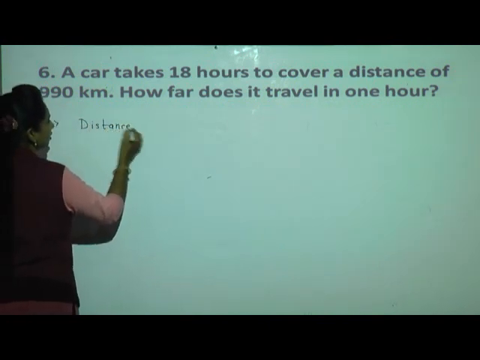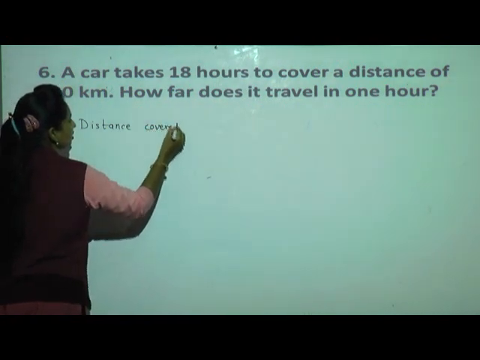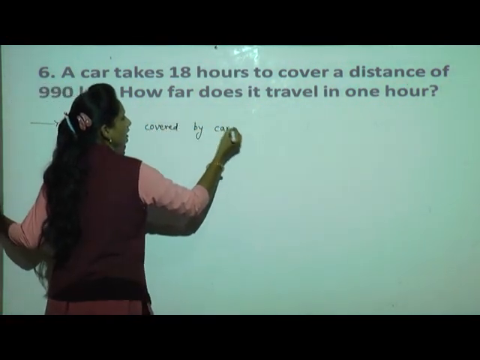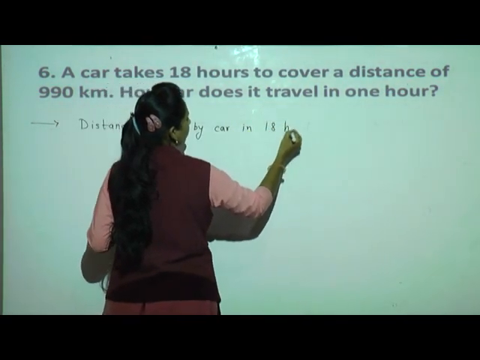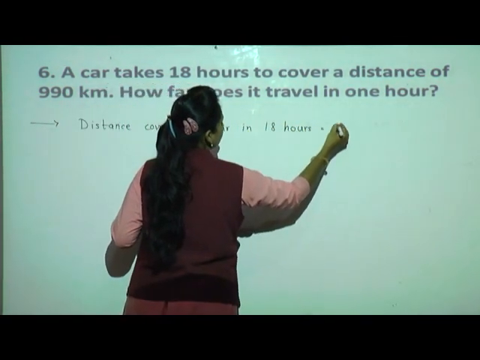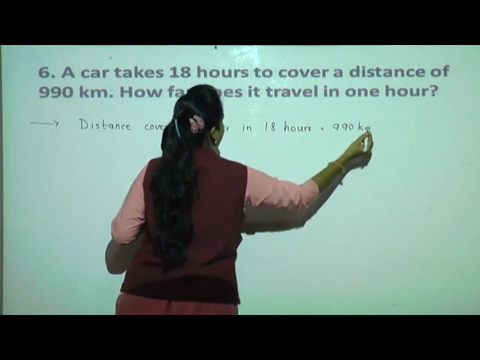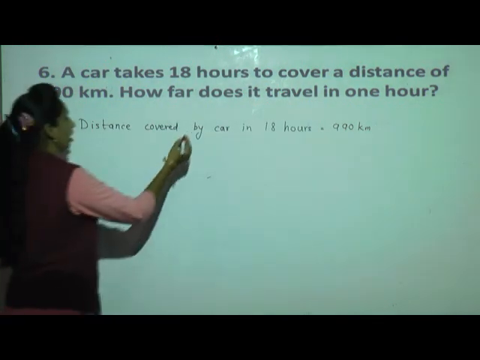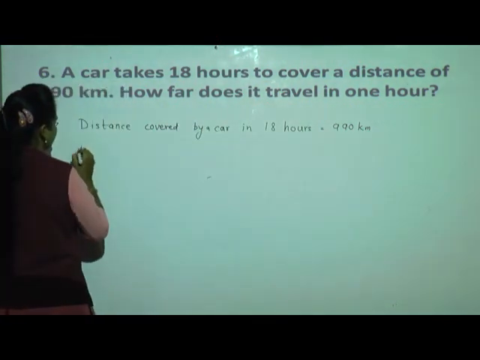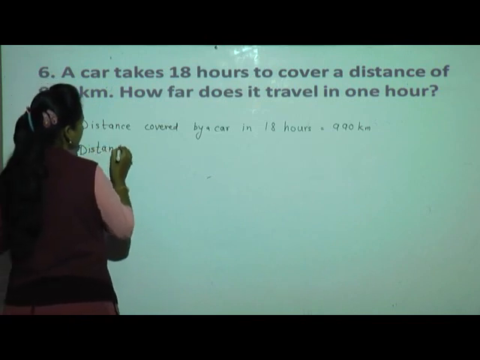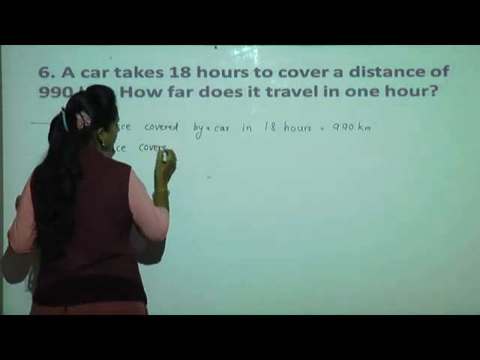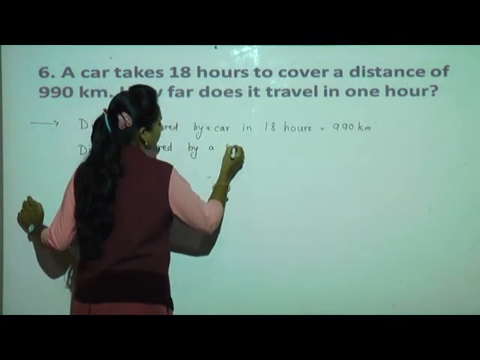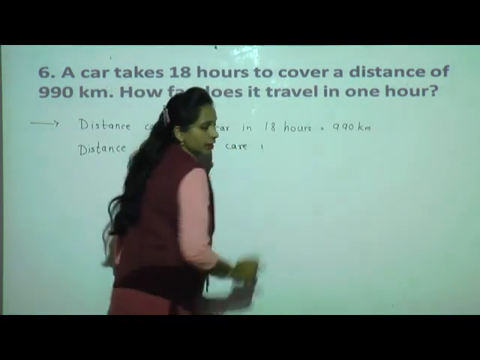So what is given information? Distance covered by car in 18 hours. How much? 990 kilometer, isn't it? Now we have to find out distance covered by a car in 1 hour.